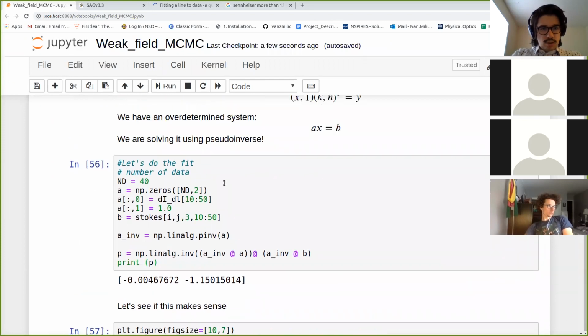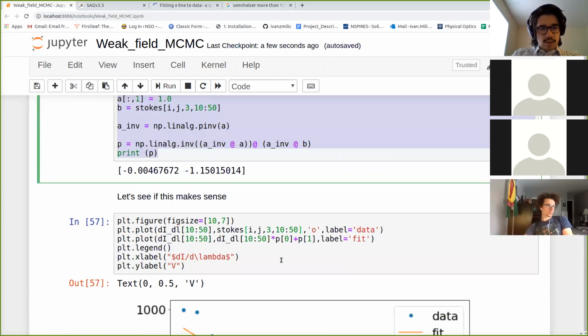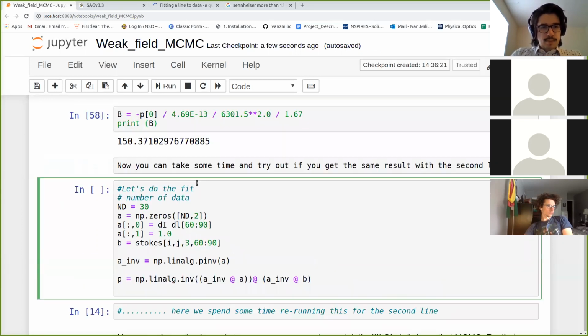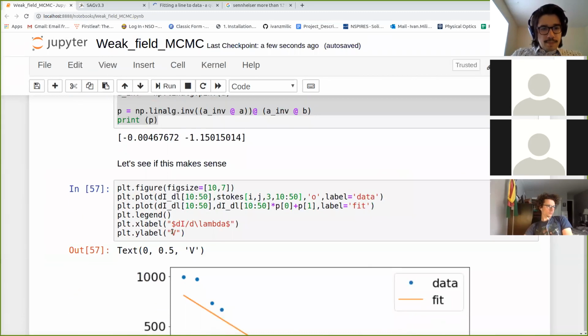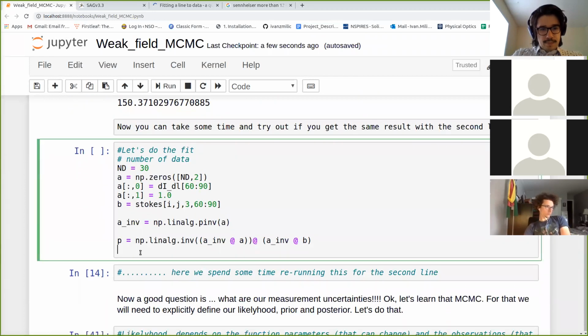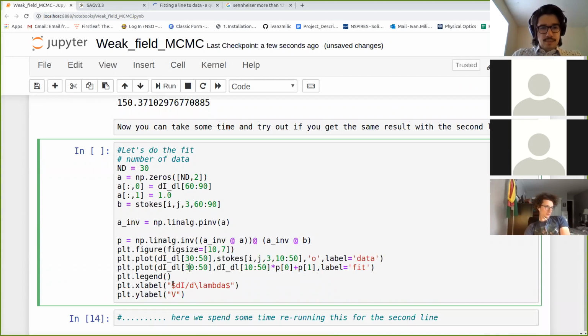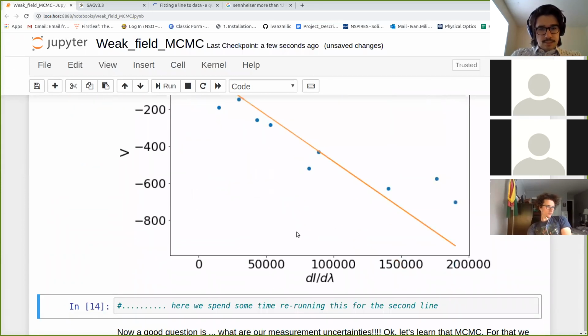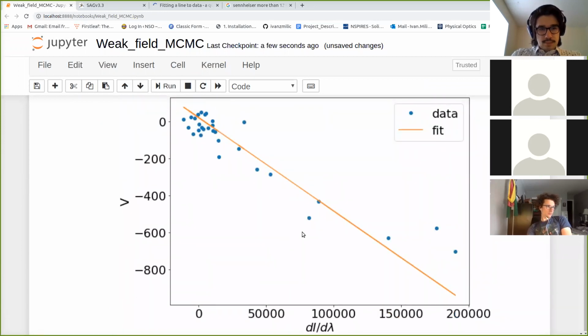I can just do the fitting. Okay, this is interesting.